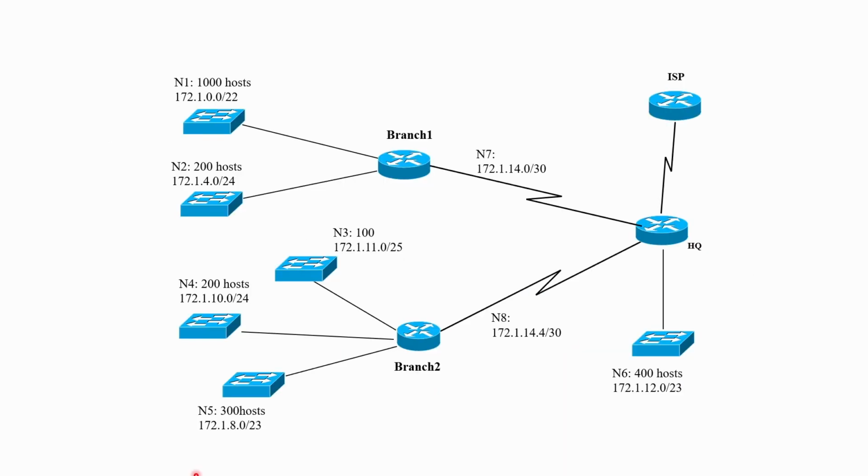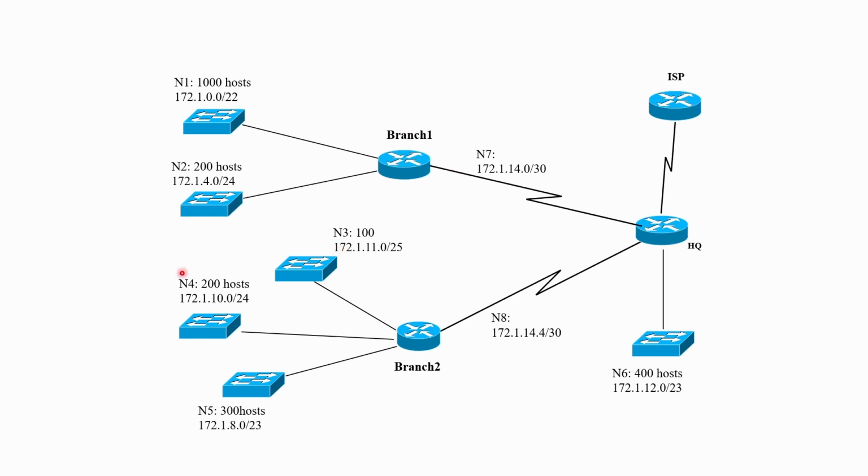Now we finished. This is the result in the diagram. Branch 1 has 2 subnetworks, 172.1.0.0/22 and 172.1.4.0/24. Then the summary for these 2 networks is 172.1.0.0/21. That will be sent from branch 1 to HQ.